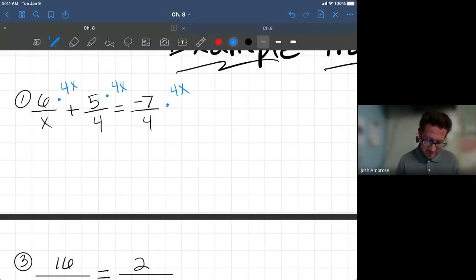Cross out the 4, cross out the 4, cross out the 4, cross out the 4, cross out the x, cross out the x, but you have pieces left over.